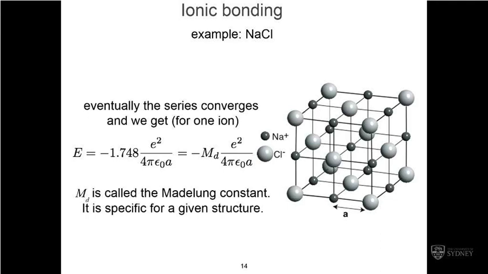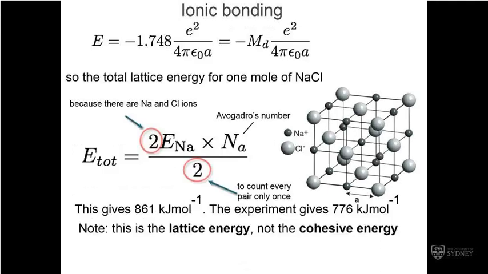I'll just finish with one slide because I know you have to go and I have to go. So we were considering just one atom here at the center, with the interactions with the other ions. But if we want to consider 1 mole of sodium chloride, then we can multiply by Avogadro's number here.